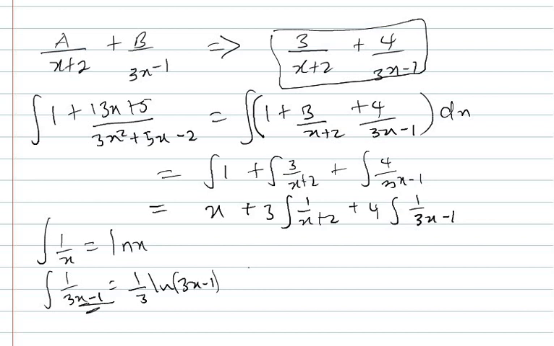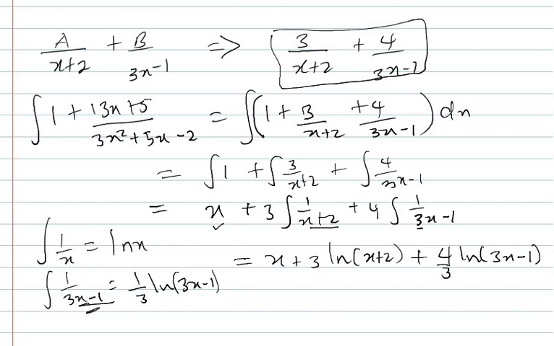So we can apply it here already. So x plus 3; the coefficient here is 1, so just multiply, then ln of x plus 2, and for the last term, 4 over 3, then ln of 3x minus 1.